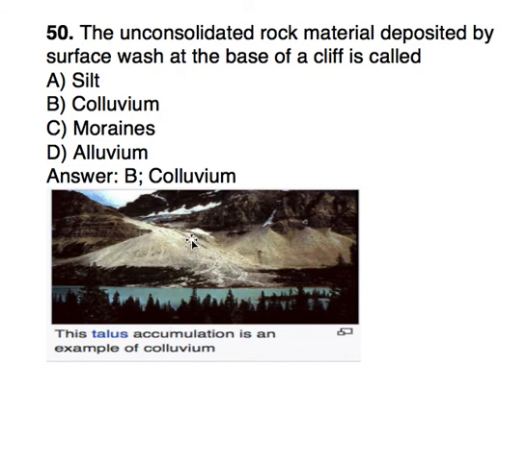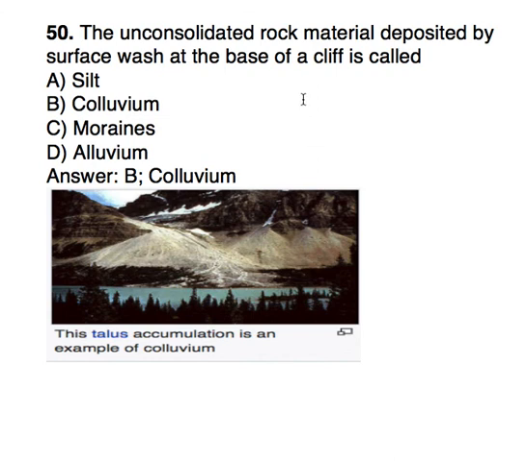On the slope, on the foot base, there is some deposition. That is called colluvium, and we can say unconsolidated rock material deposited by surface wash at the base of a cliff is called colluvium. And we have understood moraines, terminal moraines.